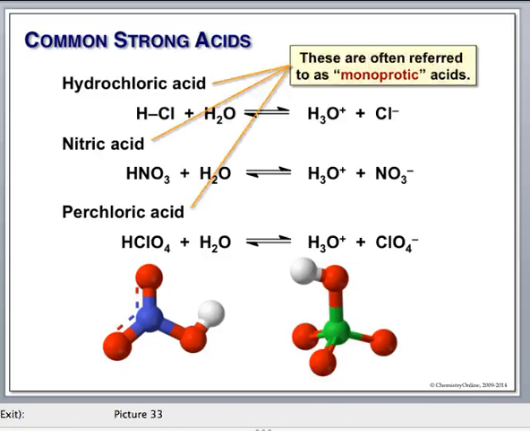Because of that, these are called monoprotic acids. Monoprotic simply means 1 proton. Remember, this thing is transferred to water without electrons, so it's transferred as a simple proton. Monoprotic.